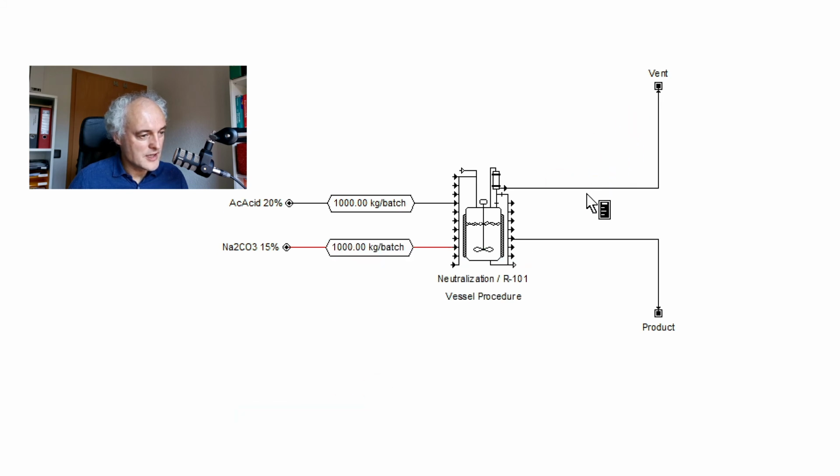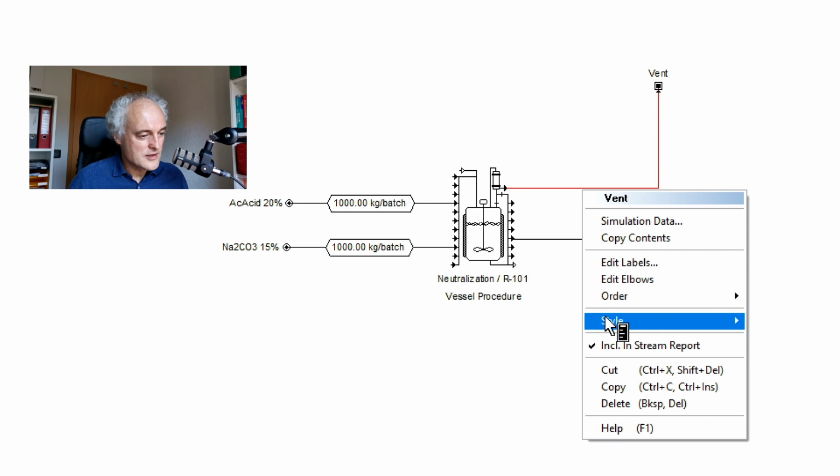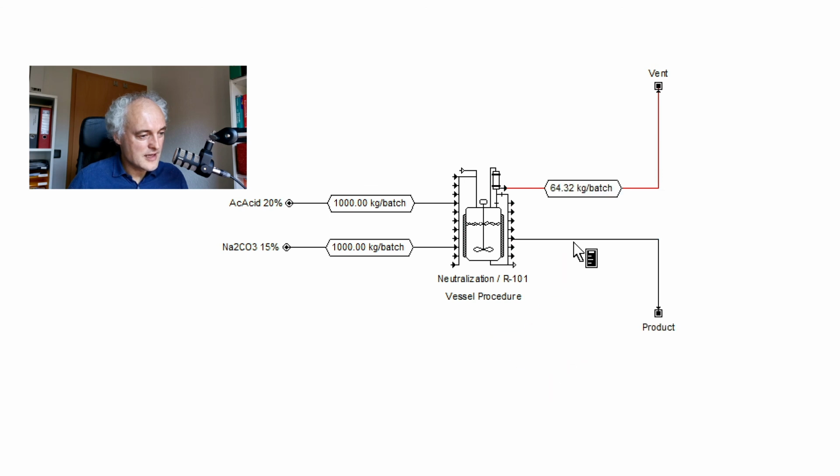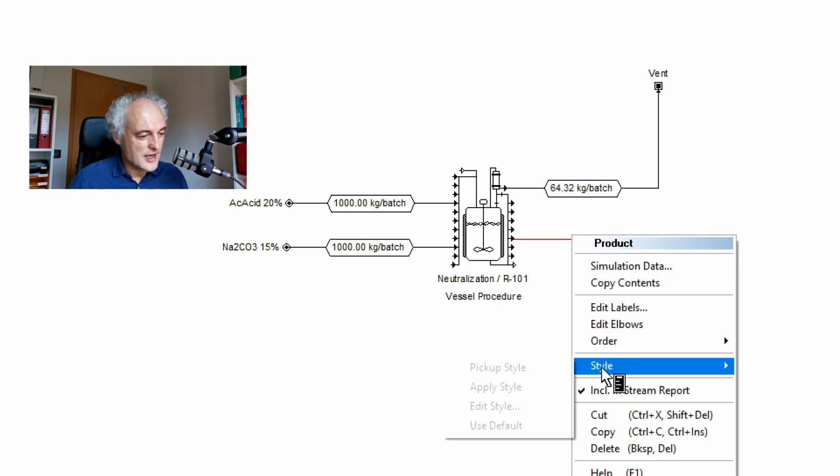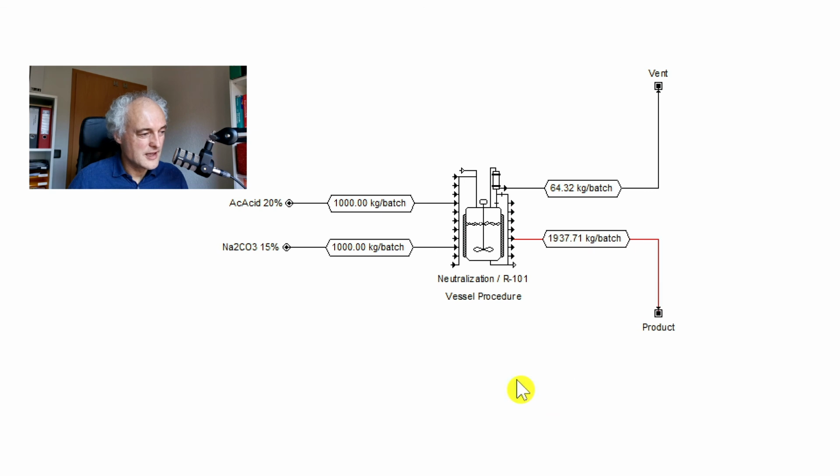And we do the same here. Style, apply style, and here style, apply style. And now the style is obviously applied to the others. So this is how you can make it look a bit better.